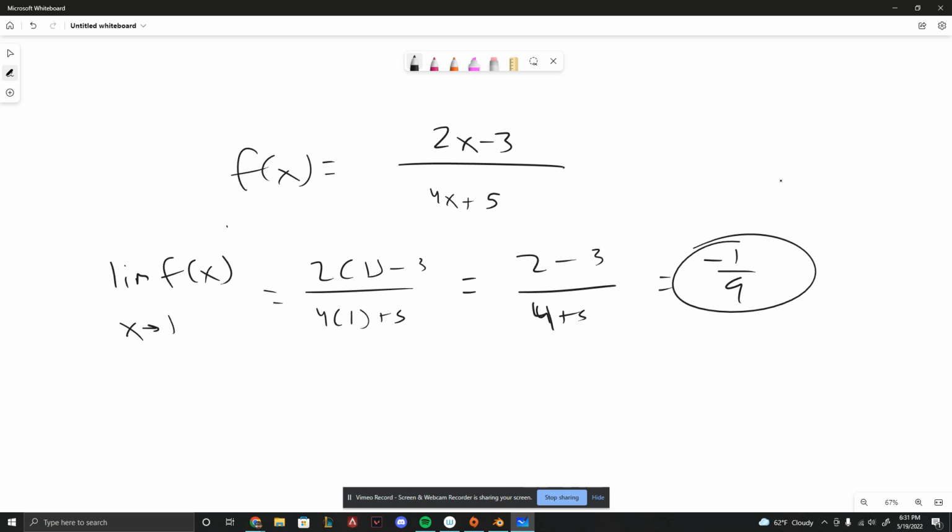So if we were to graph this and see where our y value is at 1, it would be very close to negative 1/9. Let me graph that on Desmos for you guys real quick and show you.